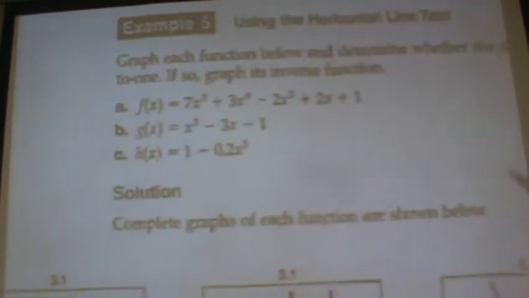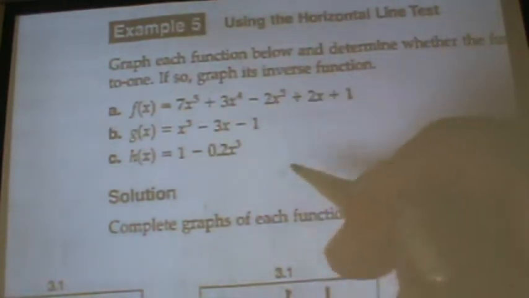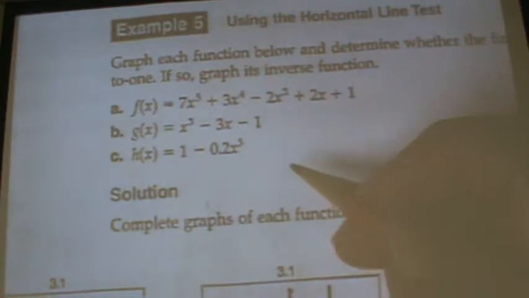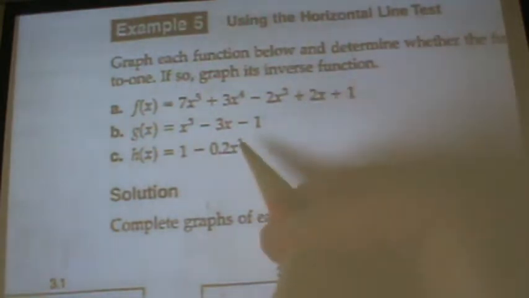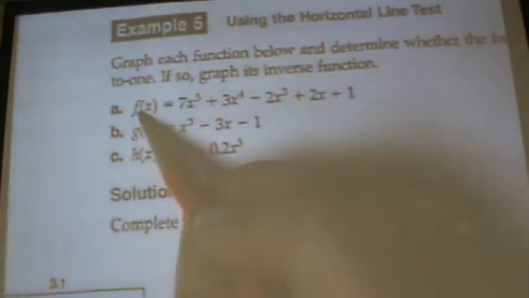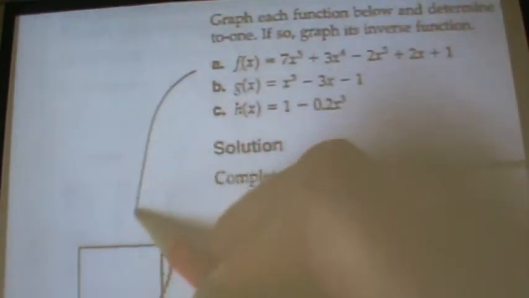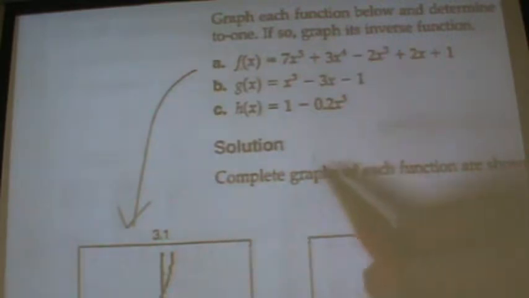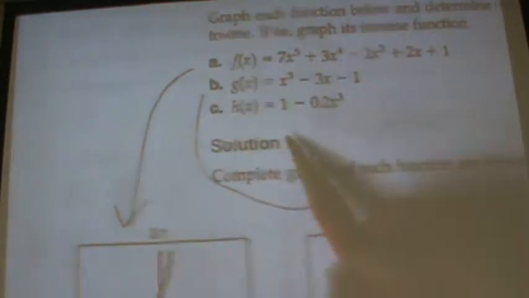If I asked you to use the horizontal line test on these 3 graphs, this graph is right here, and B is right here, and C is right here.